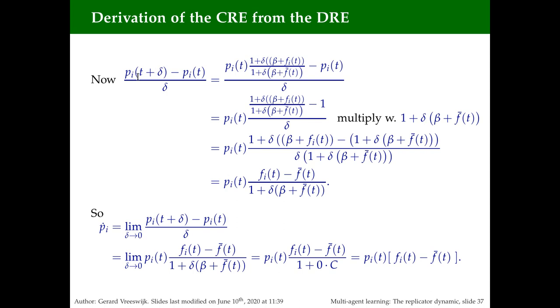And you fill out what you have just derived, and then do some high school algebra, and then you end up with this. You fill out all the terms and you end up with the continuous replicator equation. So for non-believers, you can check that the continuous replicator is a result of the discrete replicator, and the discrete replicator is a result of the discrete step.